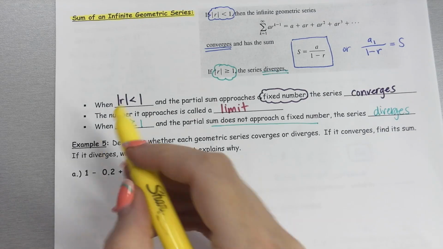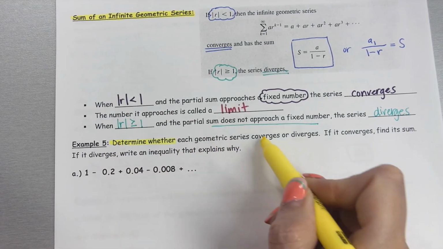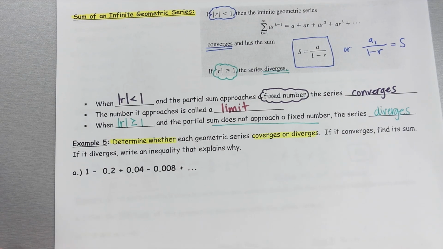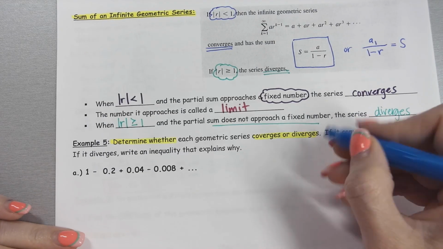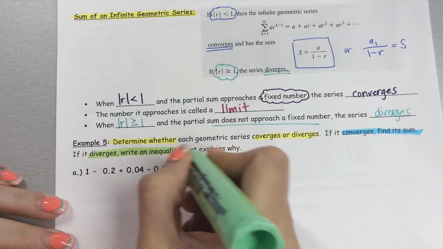So you are going to determine whether each geometric series converges or diverges. If it converges, you're going to find the sum, and if it diverges, you're going to write an inequality that explains why, which is just the definition of what happens.